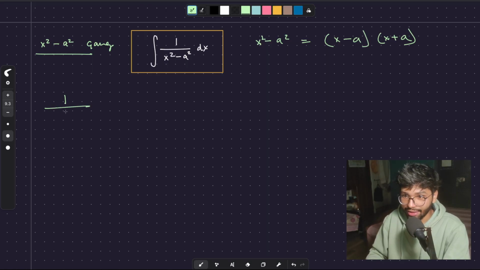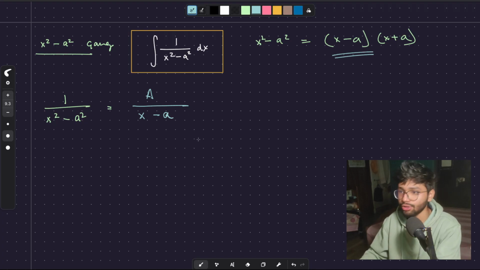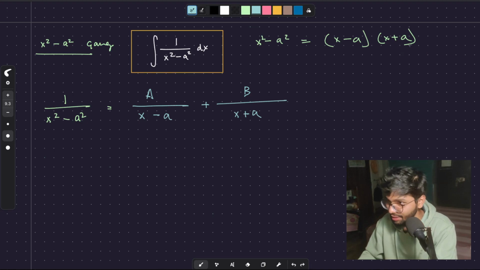So we can write this whole rational fraction like this. If you do the partial fraction, it's going to be some numerator A divided by x minus a, because that's one of the factors. Amazing. Plus B over x plus a, because that's the other factor.